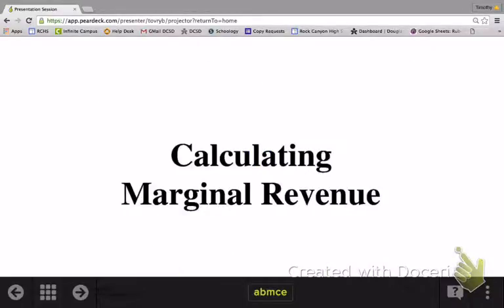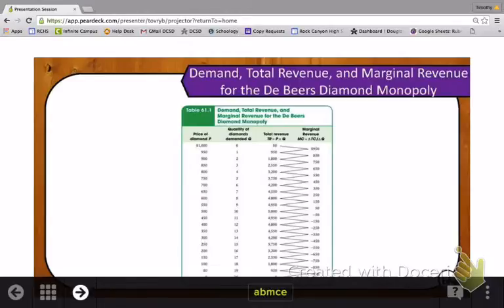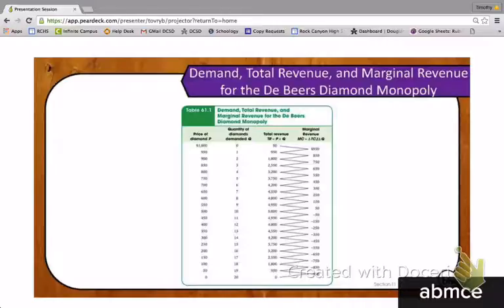So how do we calculate marginal revenue? Here you see a chart showing the demand schedule and the marginal revenue for De Beers diamond monopoly. And you can see that to increase the quantity of diamonds sold, the price for those diamonds comes down.